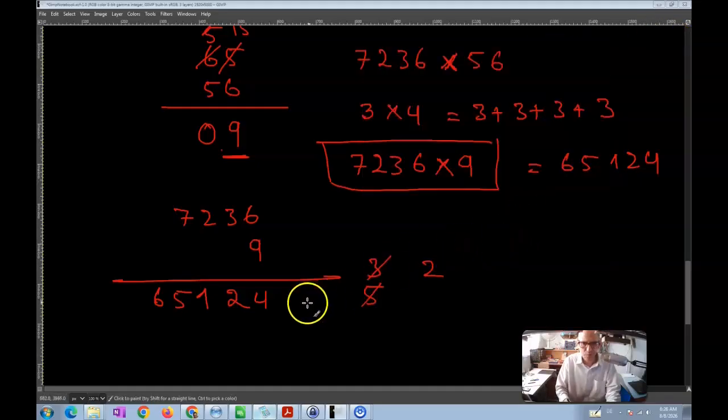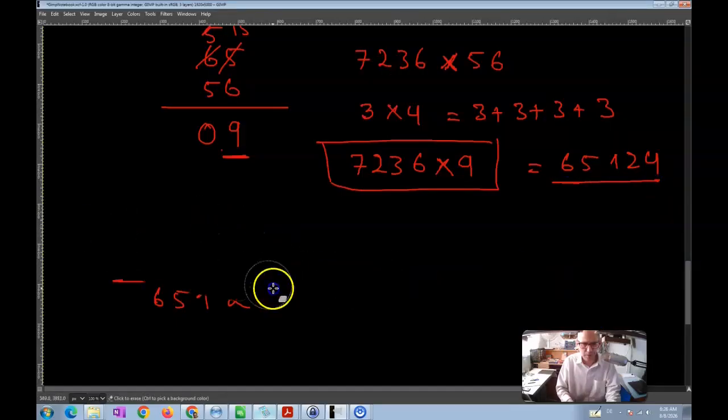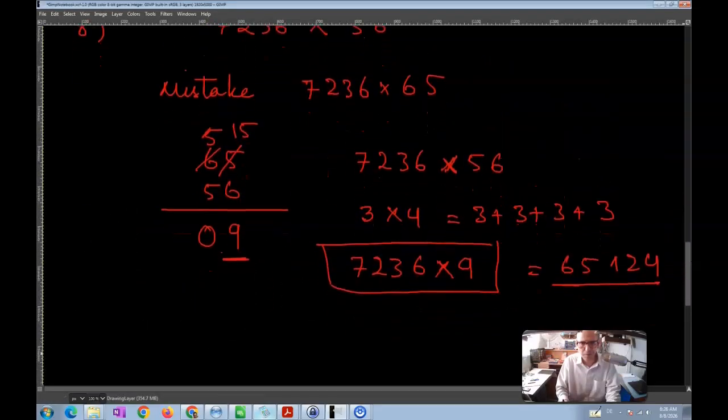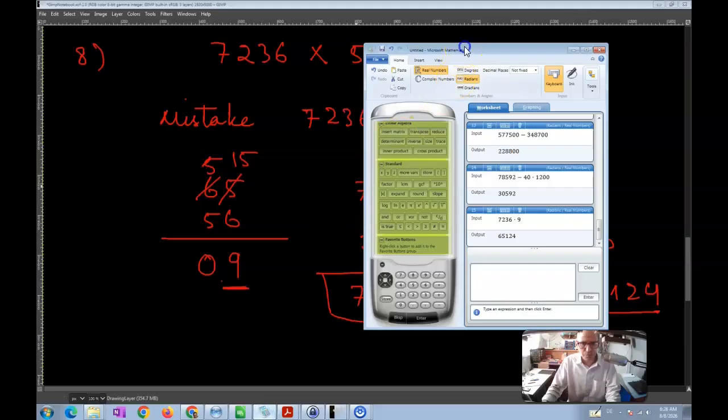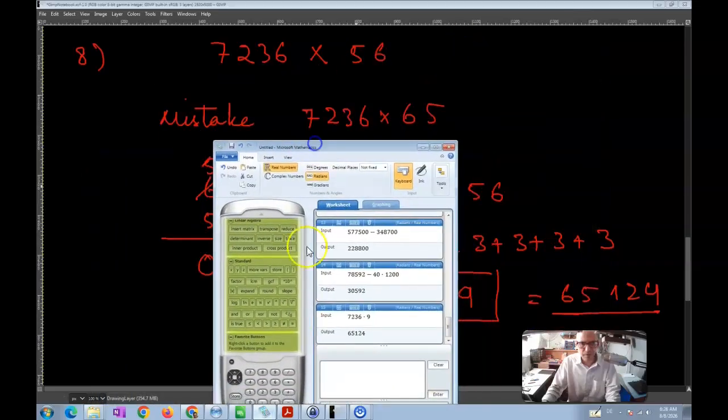Now this is supposed to be the difference, right? Now let's take a look at both the operations. So I have 7,236 times 65, which is what the student has done by mistake.